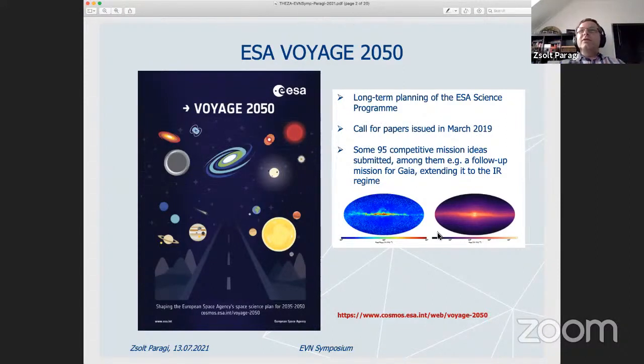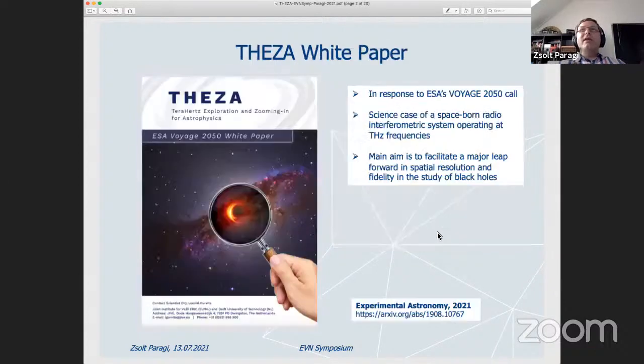We submitted this THEZA white paper to this call, which is in principle a concept of a space interferometer working at near terahertz frequencies. This would facilitate a major leap forward in spatial resolution and fidelity for imaging black holes. That is the idea. The white paper was published on arXiv and in Experimental Astronomy.